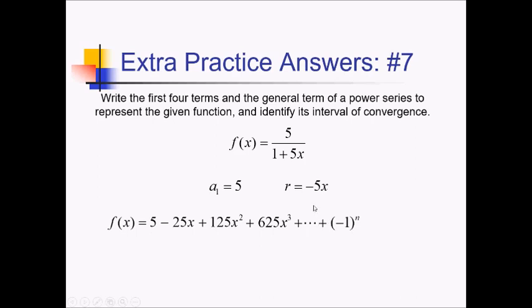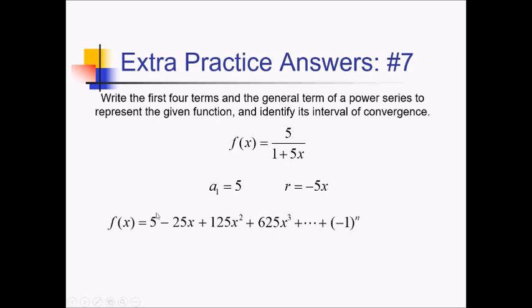Because you'll notice I keep multiplying by not just -1, but also 5 and x to get the rest of these terms. So that means with my general term, I have to write 5 and x also with variables in the exponent. So I want to have a 5 to some power. But since my first term has a 5 in it, if I was doing 5 to the 0, that wouldn't work out.